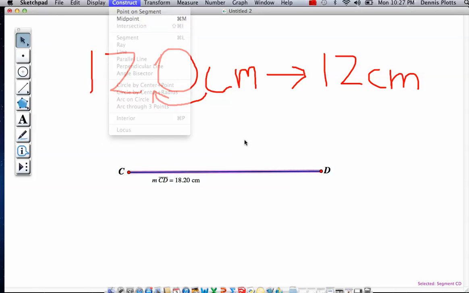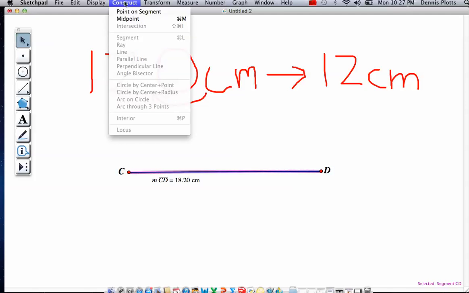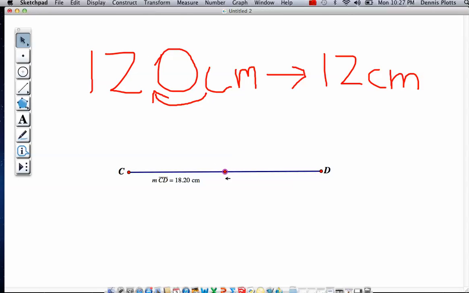A midpoint. So it looks like it just wants it. If I click on the actual segment itself and I construct the midpoint, there it is right in the middle. So I know it's dead center. That means this is going to be what, 9.1 centimeters on each side.